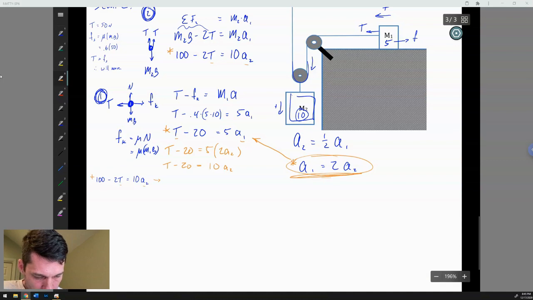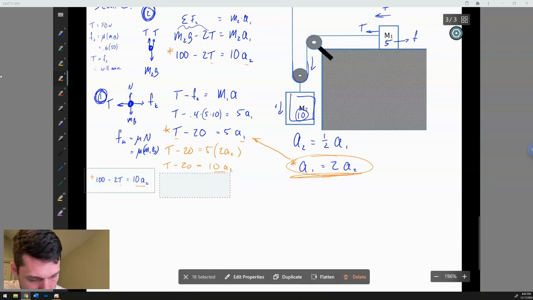So let's see what we can do with that. Oh, look at that. 10a2 and 10a2. How you choose to go about your system of equations is very personal choice. In this case, I already have a term that matches up nicely, so I'm going to just slide that right in there.